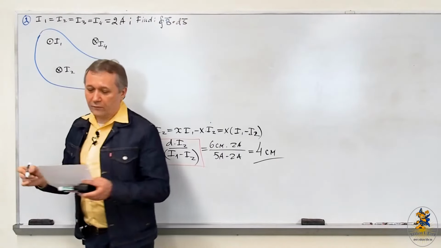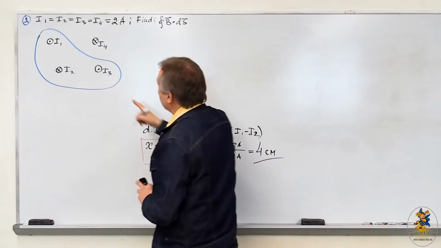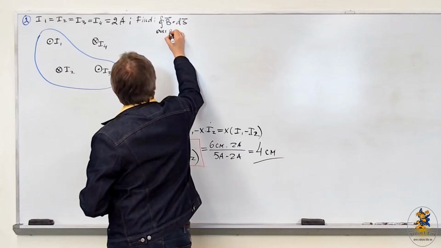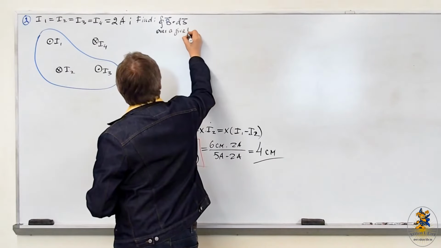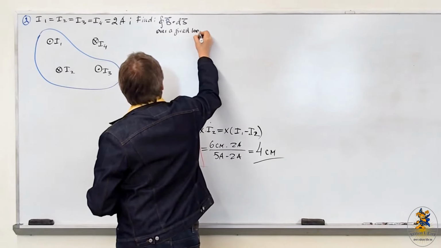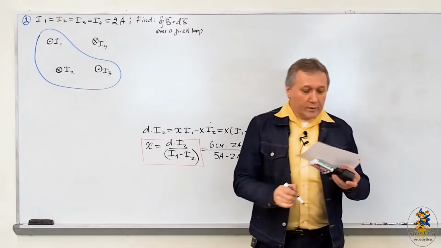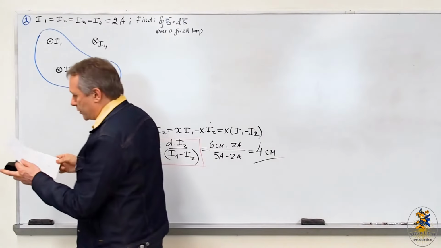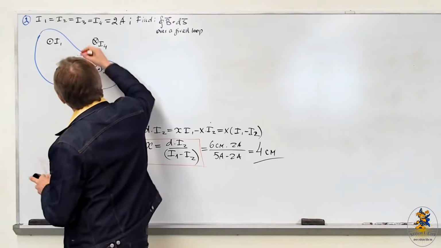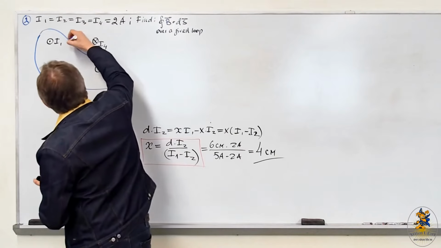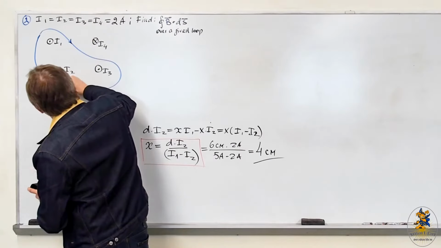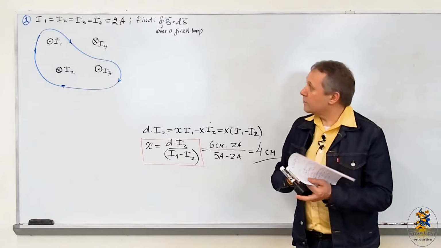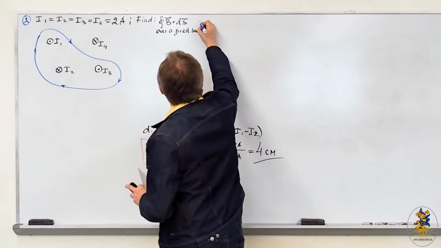We just need to know the value of this integral over a given loop. And actually, the direction was also given, the direction of integration. So here I drew this loop, and the direction of integration is this one. So we need to find this.